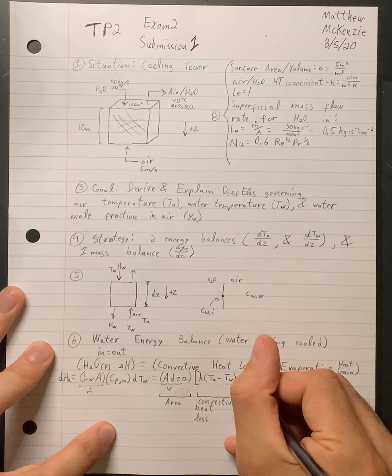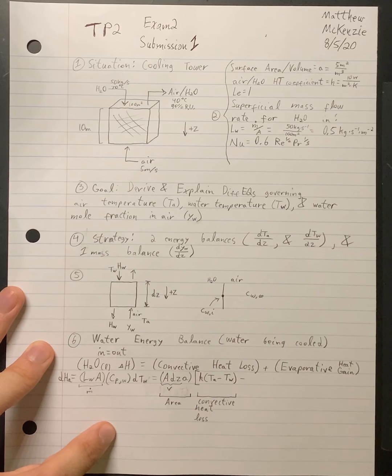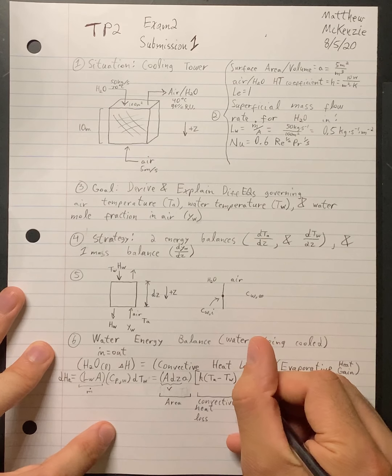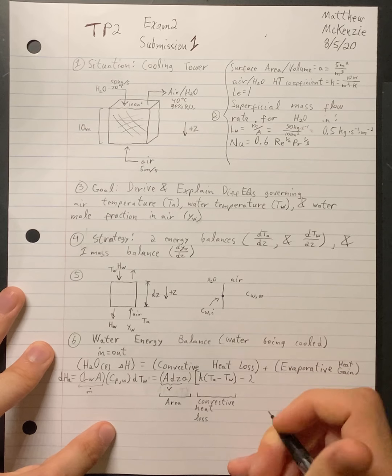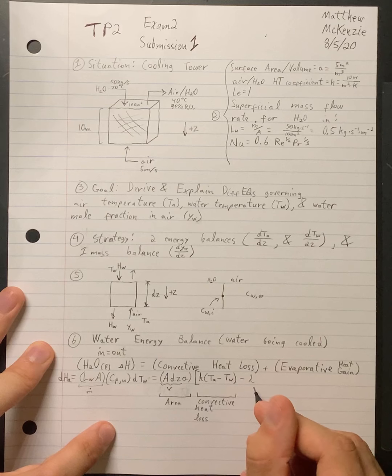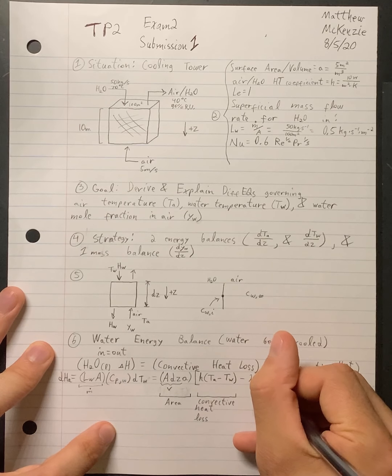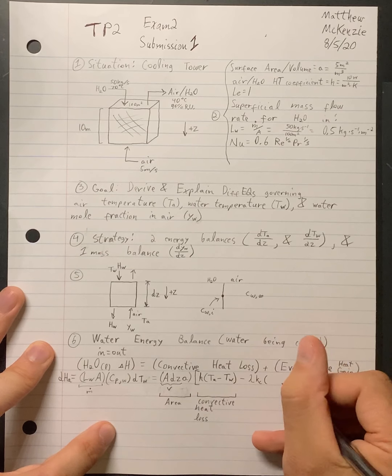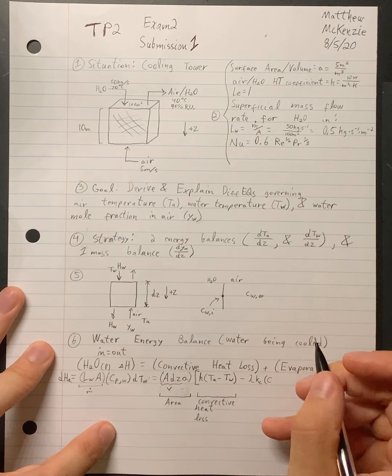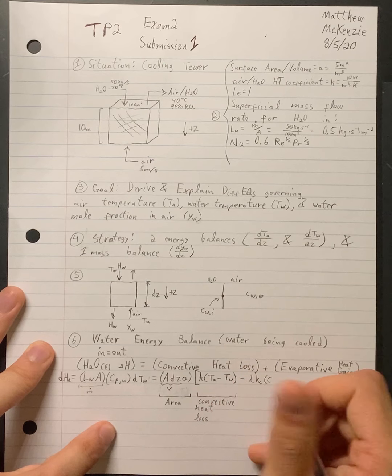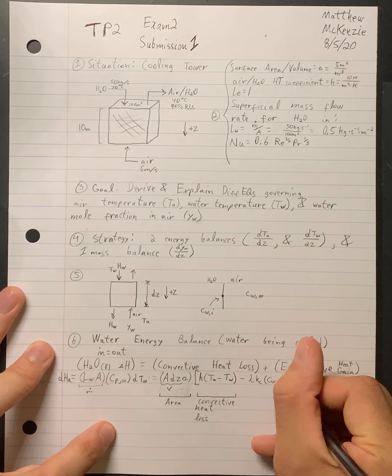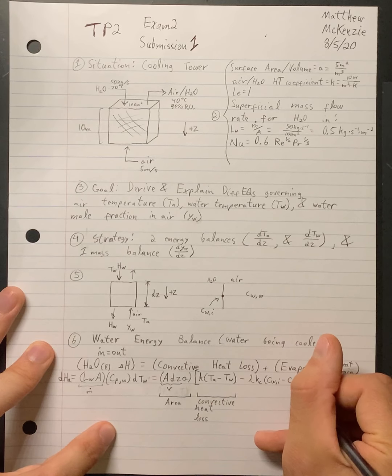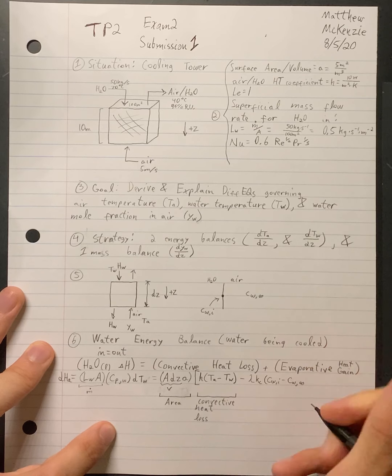But then the water also gains energy from being evaporated. So what that looks like, we've got minus the heat of evaporation times the convective mass transfer coefficient times the difference in concentration between the interface and bulk, which, recall, is just the concentration of water at the interface minus the concentration of water at the bulk position.